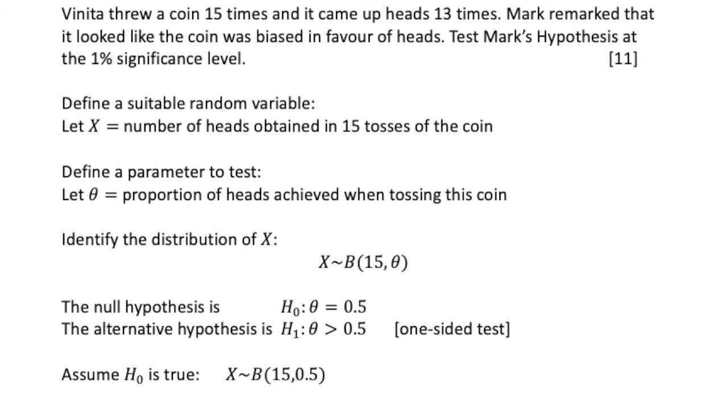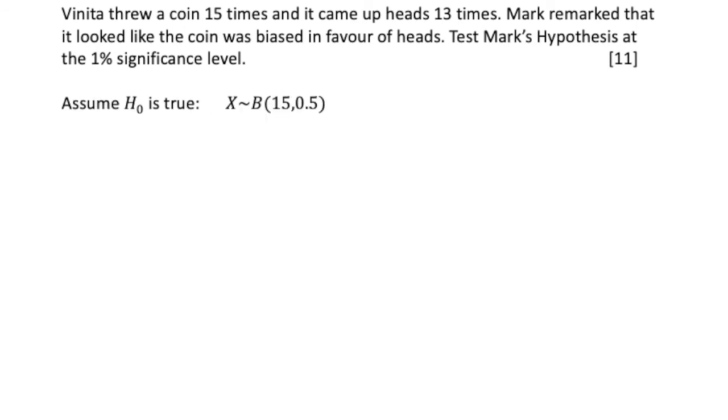Let's move forward a little bit. I'll put that last line up at the top of the screen to make myself more space. I've left the question at the top. So we're now going to move forward working on the assumption that the null hypothesis is true. So that x has exactly this distribution.